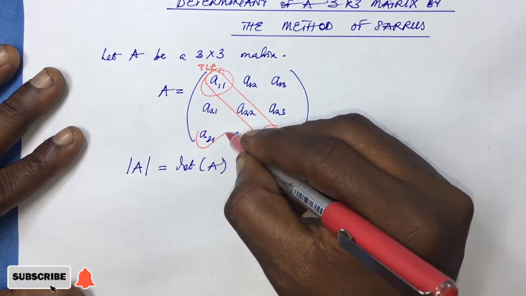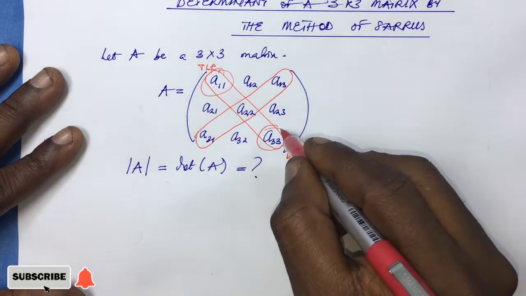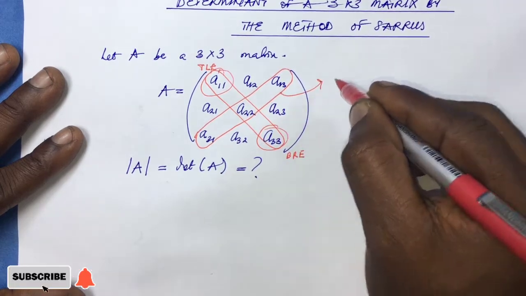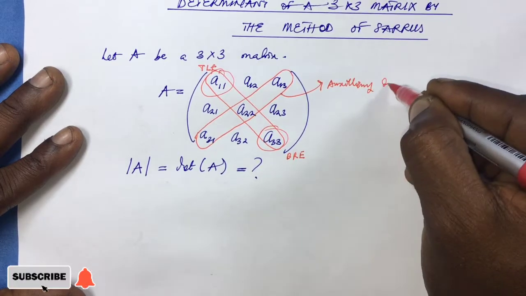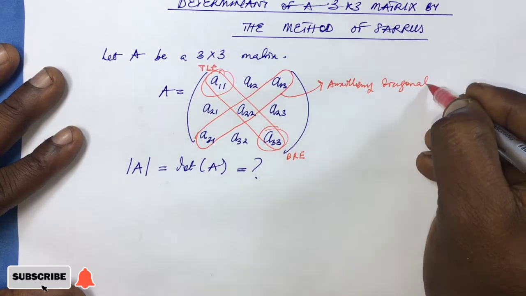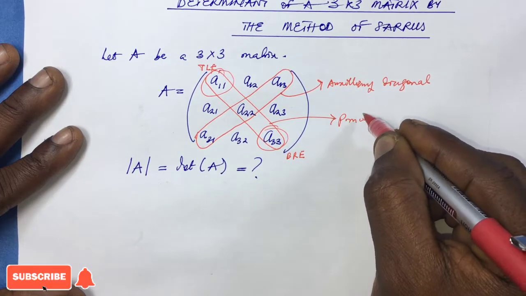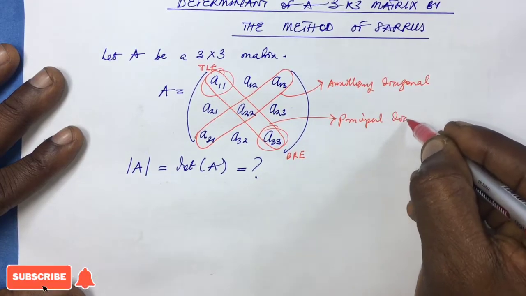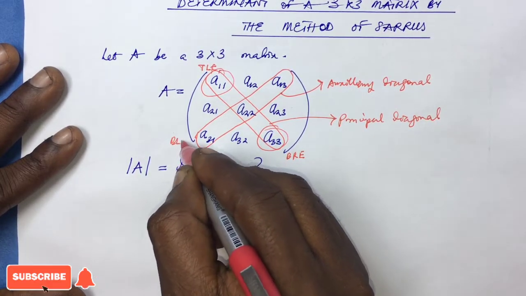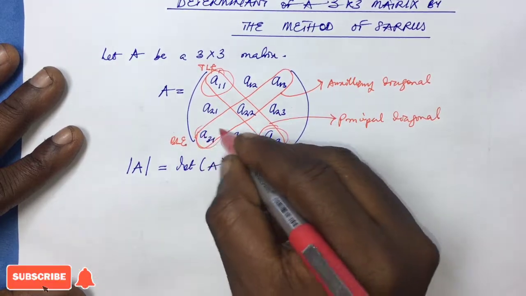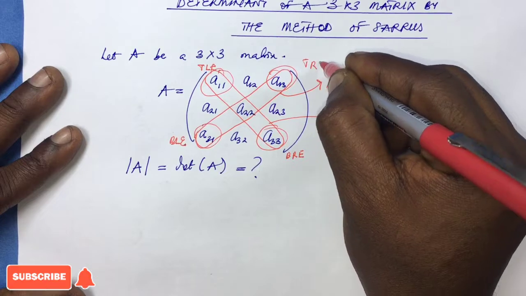There is also another diagonal, that is this one, the auxiliary diagonal. This diagonal is different from the principal diagonal because, unlike the principal diagonal, the auxiliary diagonal runs from the bottommost left element, this one, A31, straight to the topmost right element.